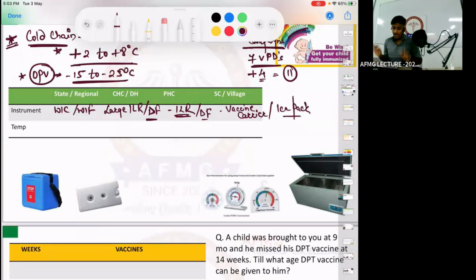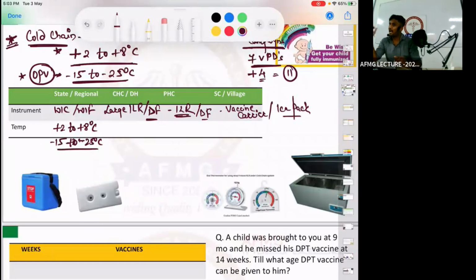No issues with this. Now please let me know what is the temperature at state or regional level. Walk-in cold room का temperature would be +2 to +8. Walk-in freezer का temperature अलग होगा. नाम में ये freezer, so the temperature of walk-in freezer is -15 to -25 degrees Celsius.